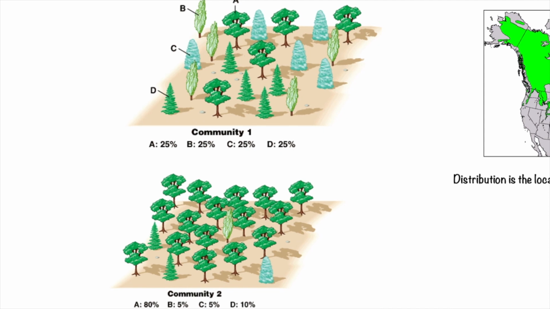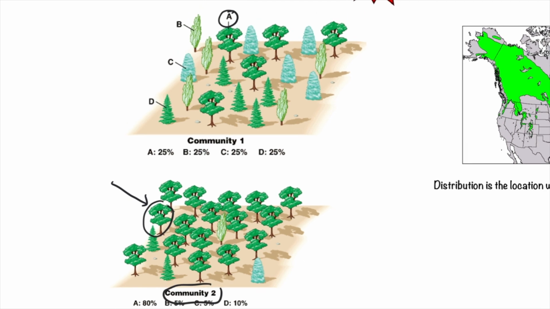So when I say this tree here, tree A, is highly abundant in this particular habitat, but is less abundant in this first habitat. Basically abundance is a count of the number of one particular organism within its habitat.